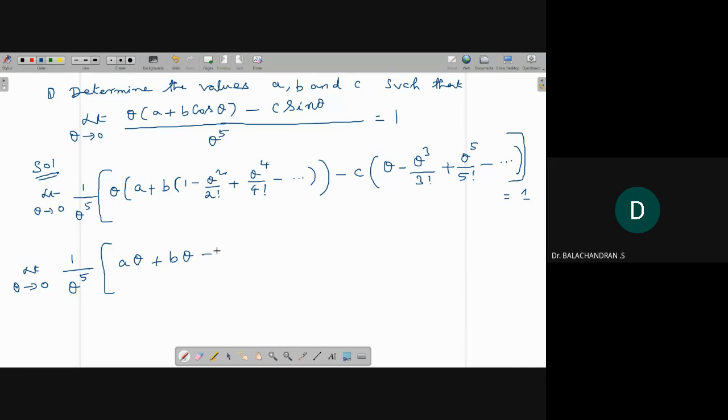You'll get minus B theta cube divided by 2 factorial. And then plus B into theta power 4 here, have theta, so plus B into theta power 5 divided by 4 factorial.